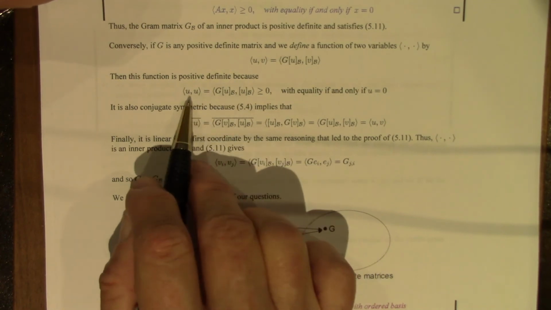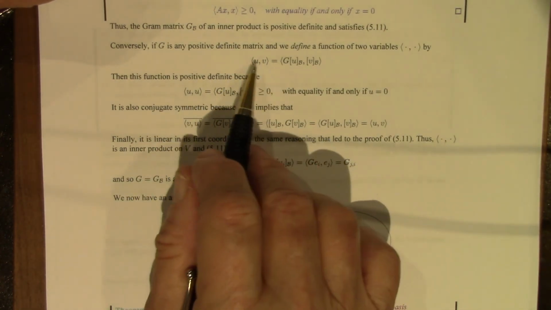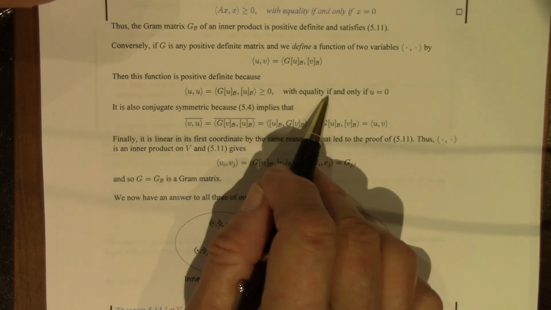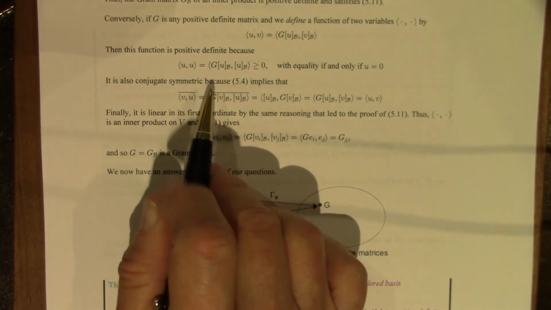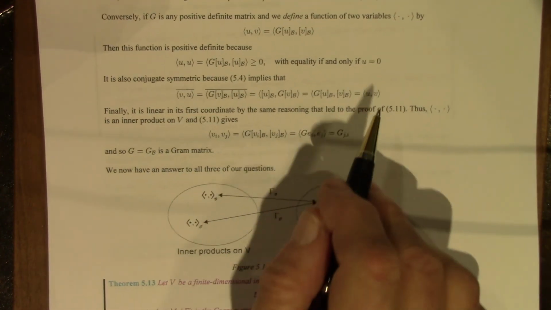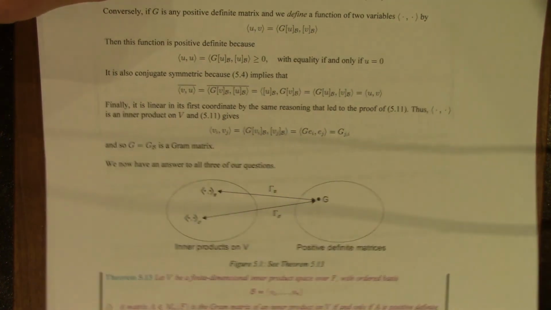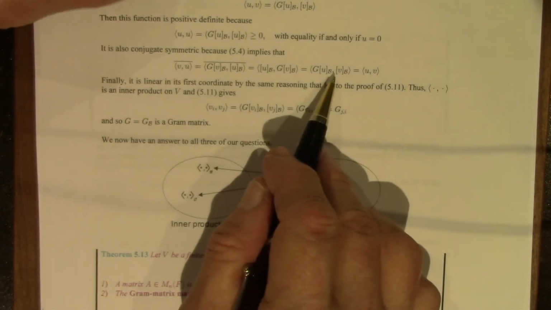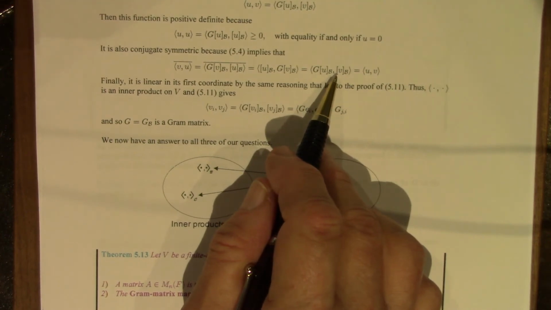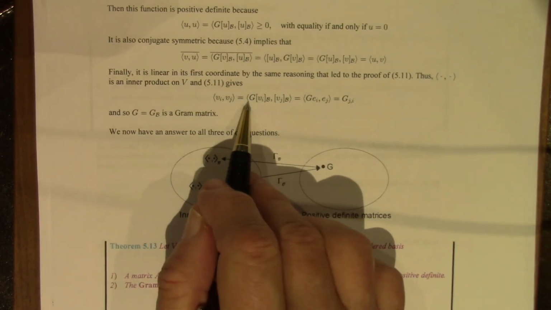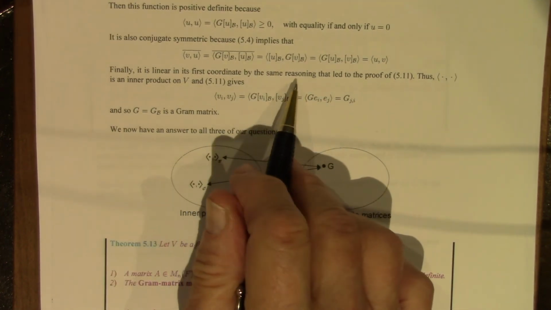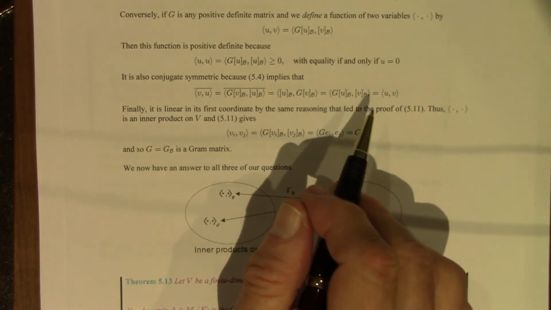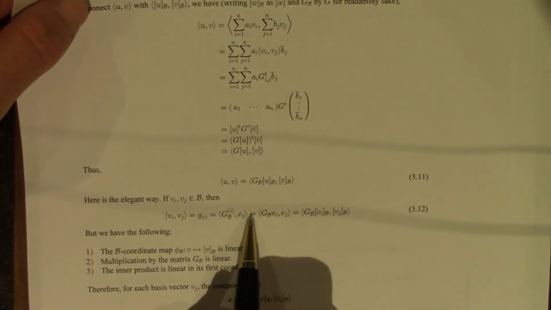It'll be positive definite, because again, when we put u equals v, we get this, and it's conjugate symmetric, and here is the computation for that, which is something, again, you might want to try for practice. And finally, it's linear in the first coordinate, by the same reasoning, actually, that led us to derive this formula. Where did it go? Right here. Okay.